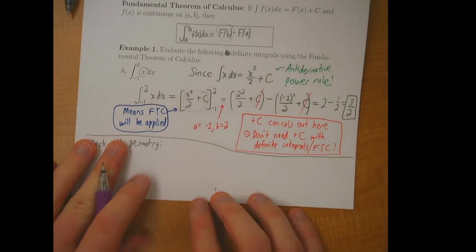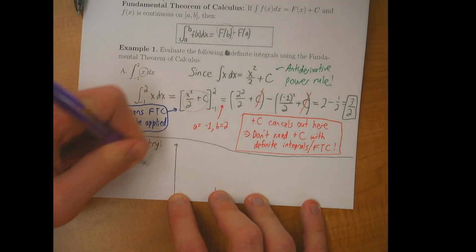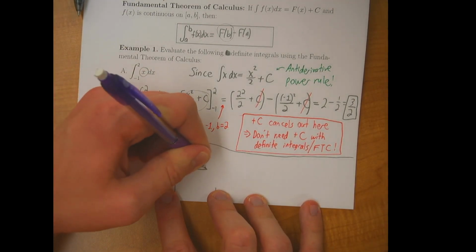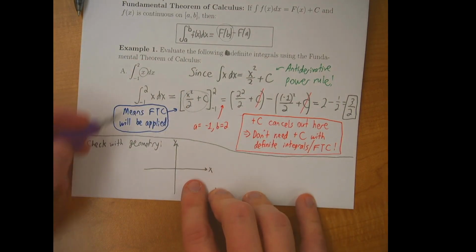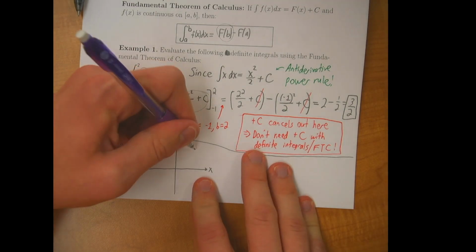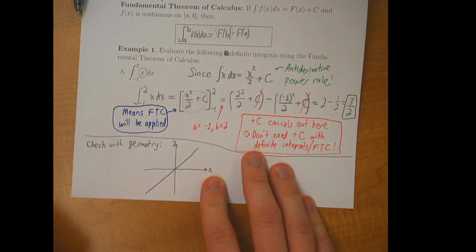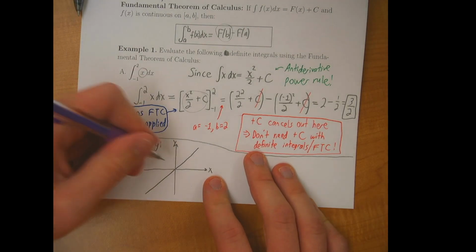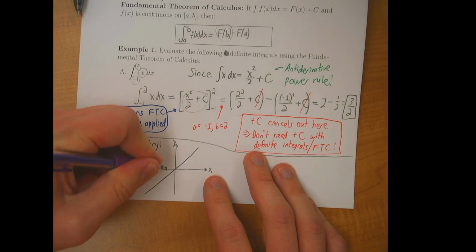So what I mean by this is that if we take this region here, so here's our xy plane as usual. So we have x here, we got y here. So in this case, our function is just x, so we just end up with a straight line that passes through the origin. So what you'll notice from this is that our bounds are from -1 to +2.